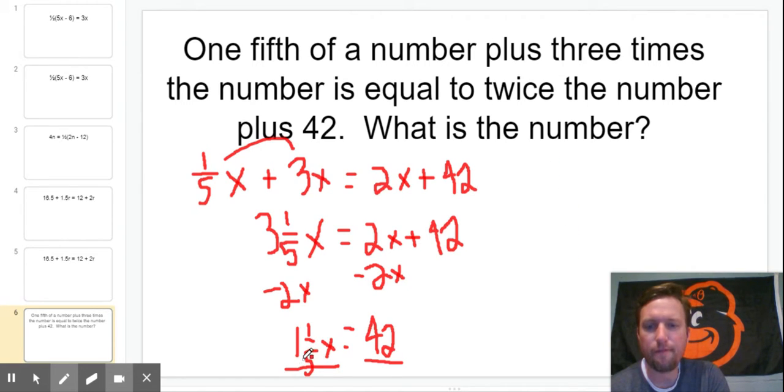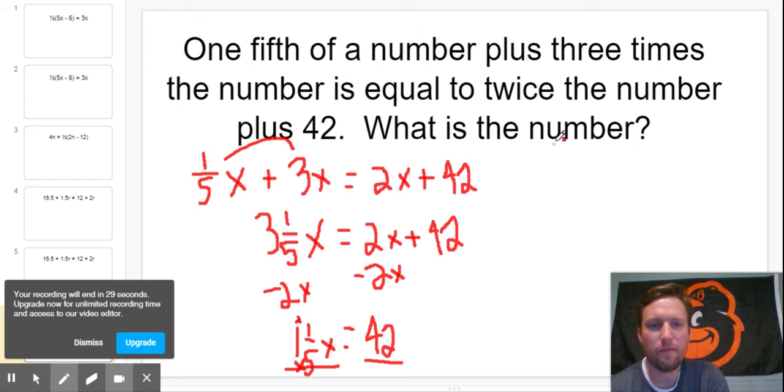I'm going to multiply 5 times 1, and that gives me 5. I'm going to add plus 1, and that would give me 6. So I'd have 6/5 x equals 42.